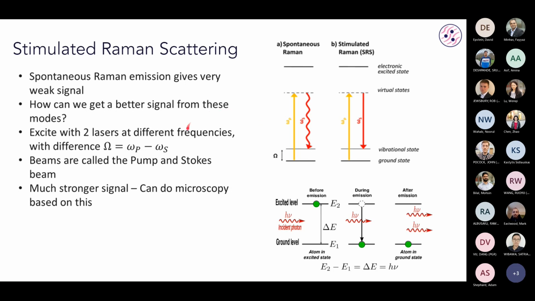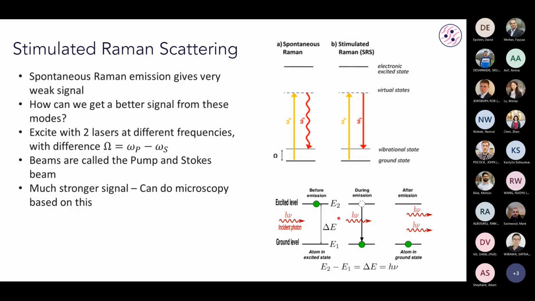And this second beam essentially couples with this transition from the virtual state to the vibrational state and makes it much more likely to happen. There's a bit of a diagram here illustrating stimulated emission, where this second beam is called a Stokes beam.